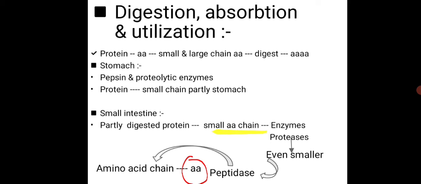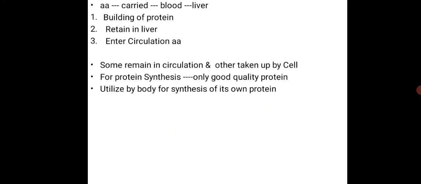There, the protease enzyme converts the partially digested protein into even smaller chains, and lastly the peptidase enzyme acts on this chain and forms the simplest form, amino acid, which is absorbed into our bloodstream.